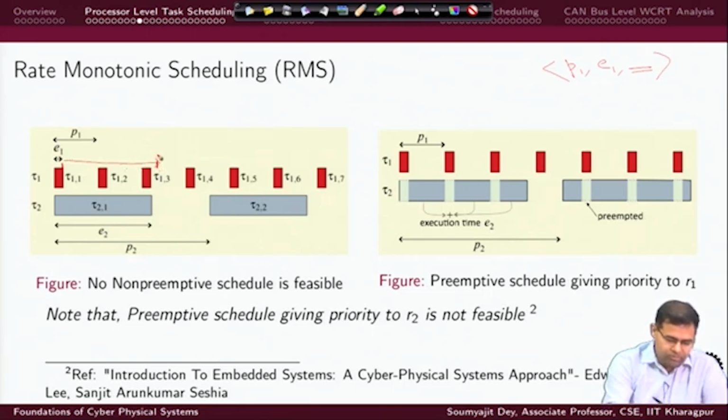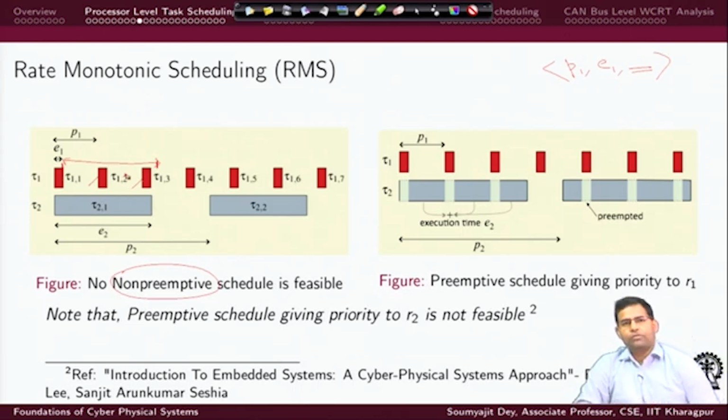Since no preemption is supported, the moment tau 2 gets the CPU, tau 1's other instances which arrive during tau 2's execution, for example this instance and this instance, will not get access to the CPU. That means tau 1 will start missing deadlines. So the non-preemptive schedule is simply not feasible.